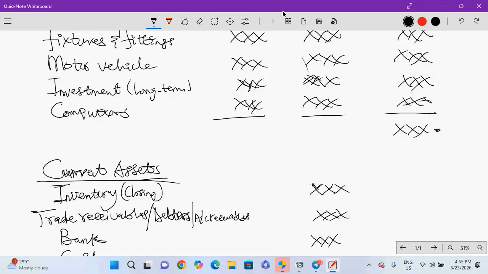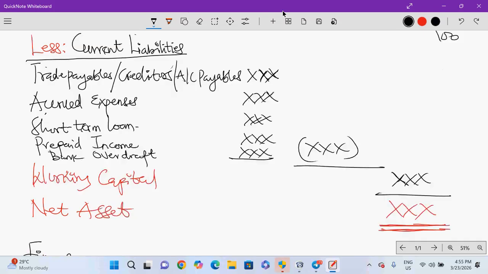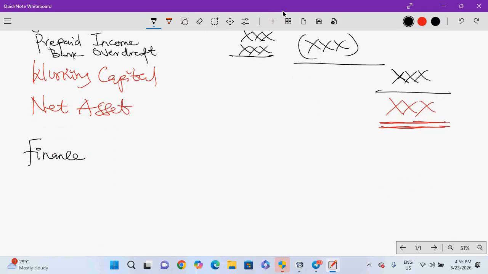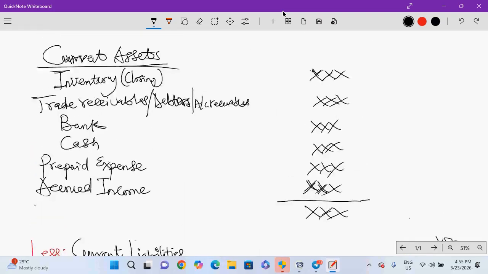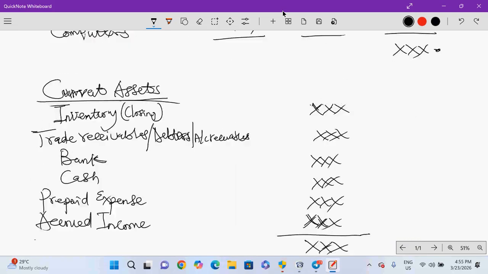But with the net asset, we deduct the current liabilities from the current assets and you get a working capital. Added to the non-current asset, you get a net asset. So this is one of the balancing figures. Now we move on to finance by.